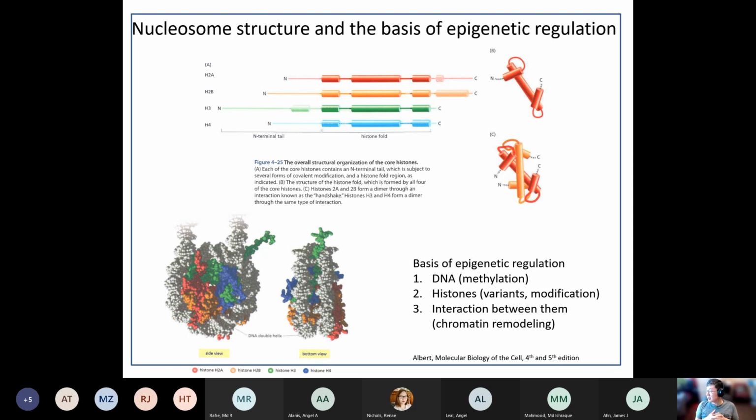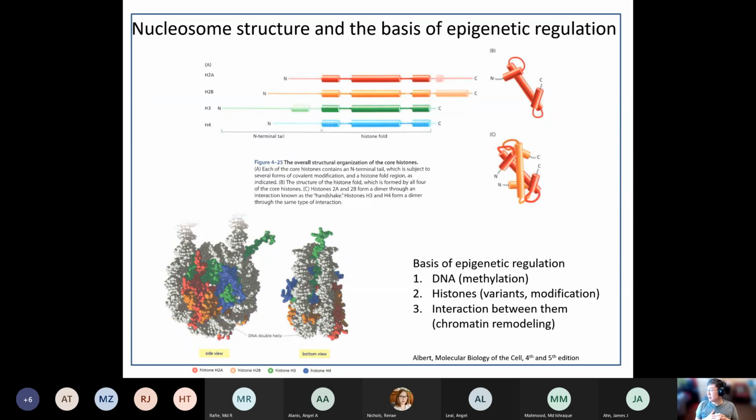And on top, I give you the illustration of the four histones. So the histone is an octamer. Basically, you have two copies of each of H2A, H2B, H3, and H4. You have two of each, and therefore you have an octamer there. You can check your textbook elsewhere to refresh yourself about the histone structure.